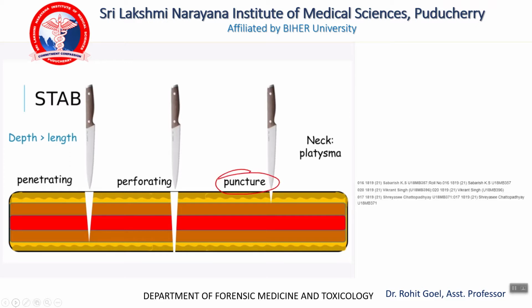It will be called a penetrating wound when it breaches the cavity of the body, and when it goes through and through, that is, enters from one aspect and comes out from the other aspect of the body, it will be called a perforating wound.